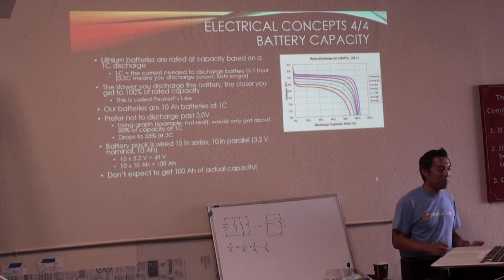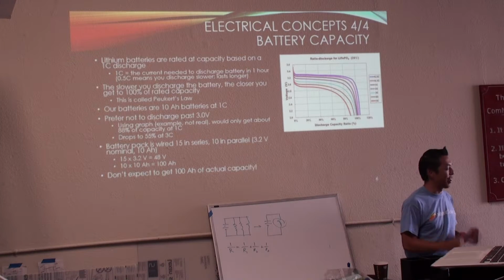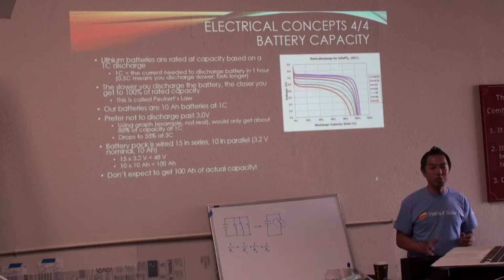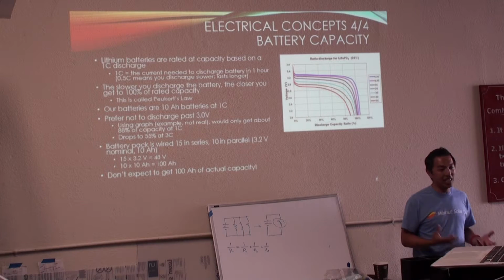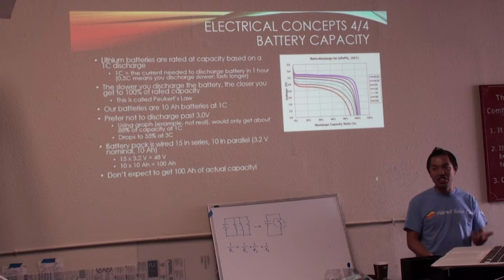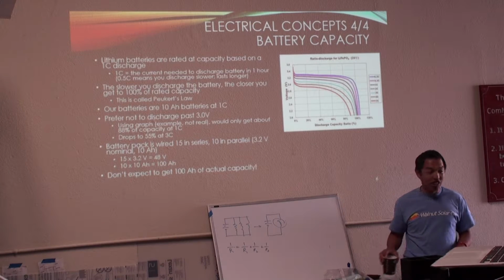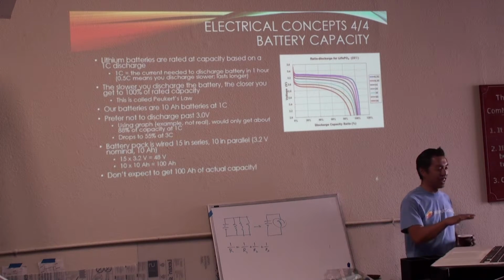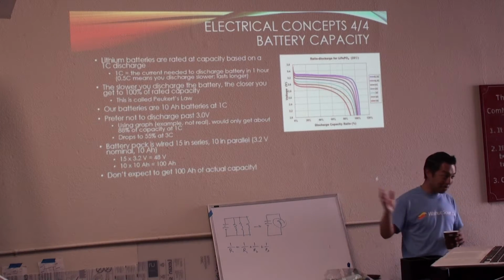So this is why I've been trying to push you guys to get to a place where you can run your car consistently, so that we can go out there and drive at different speeds and find out what your capacity is, how much you can get out of the battery pack at whatever discharge rate you have, so that when you're on the road, you'll have a chance to say, oh yes, I'm only going to have that much. Now you can do a paper exercise, right?